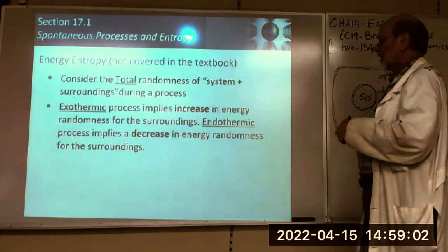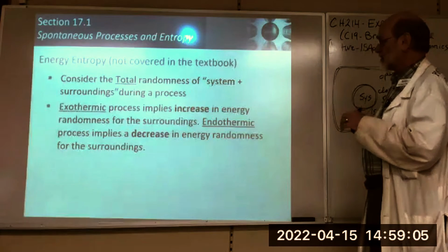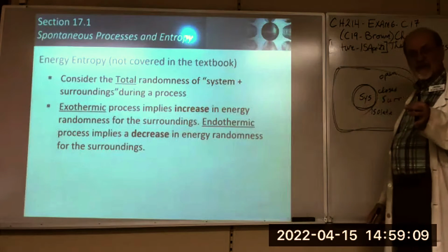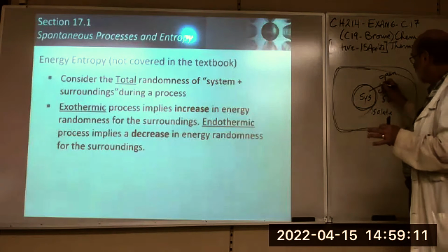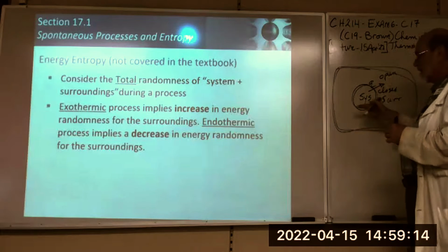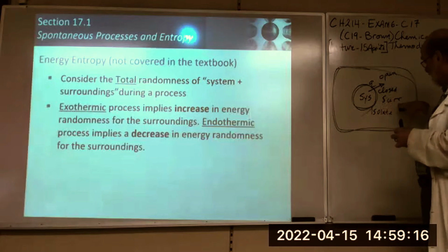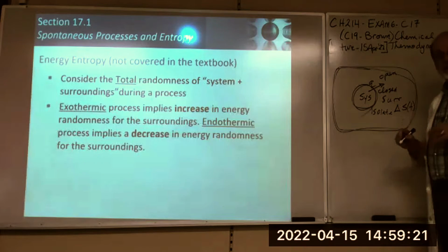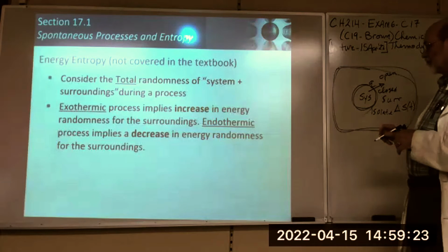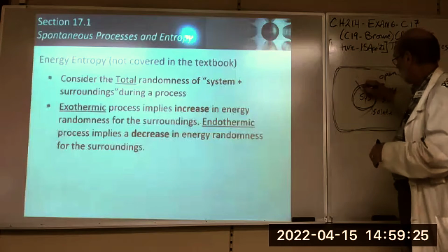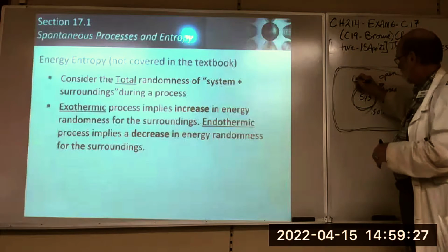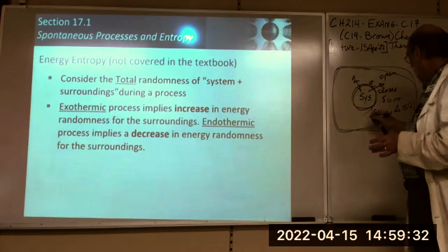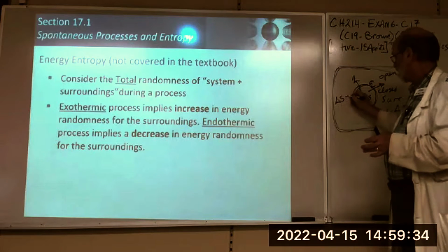So, in an exothermic process, that implies that we increase the energy of randomness for the surroundings. Exothermic means heat's moving out, right? There's your Q, and it's going into the surroundings. That means the entropy over here is positive. It's increasing. Whereas endothermic, right? Everything is in terms of the system. Heat's moving in, and the entropy for the surroundings is negative.